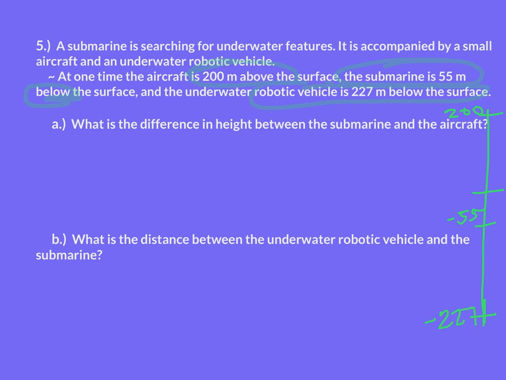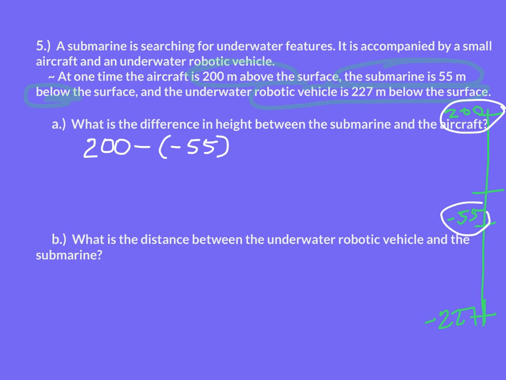What is the difference in height between the submarine and the aircraft? So this is my submarine, and this is my aircraft, and I want to know the difference between them. So difference means I subtract, so I'm going to take the height of the aircraft and subtract the submarine, which is negative 55.